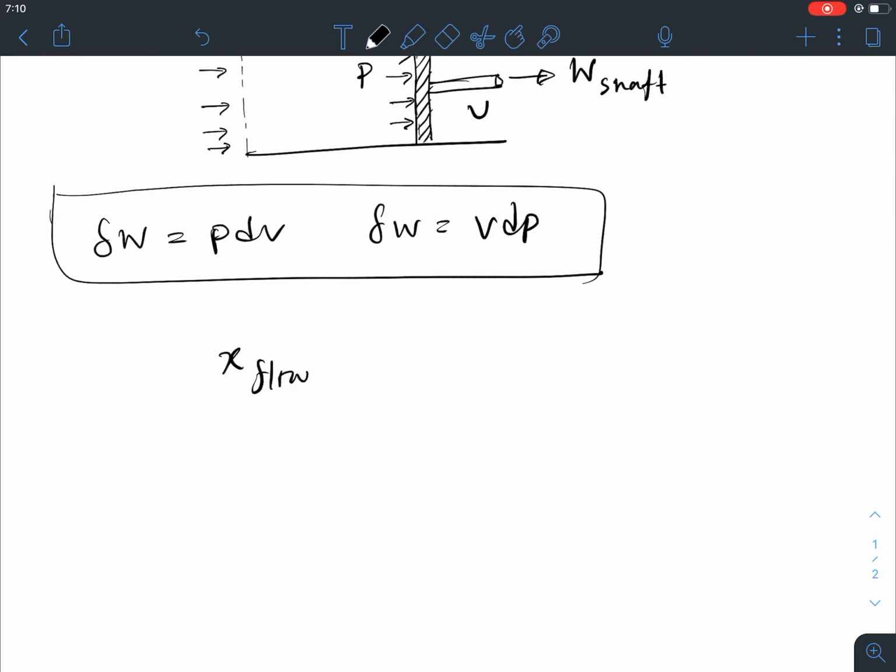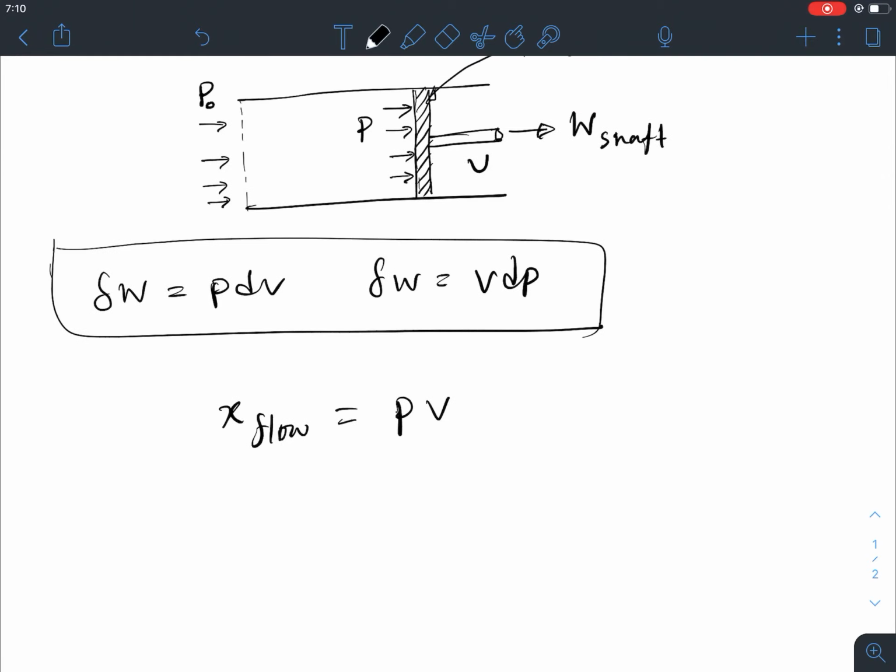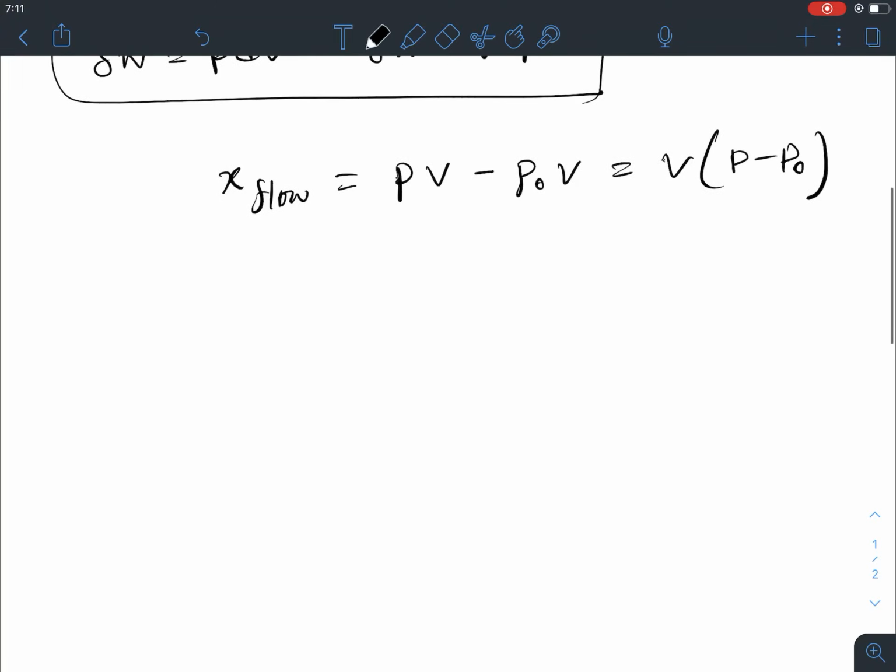But similarly for Exergy, the relationship for X flow, if it is a flow stream, would be P times V, which is the piston pressure, and this is higher compared to the atmospheric pressure, minus P naught times V. So it will become V times (P minus P naught), which is ultimately this relationship, V dP.